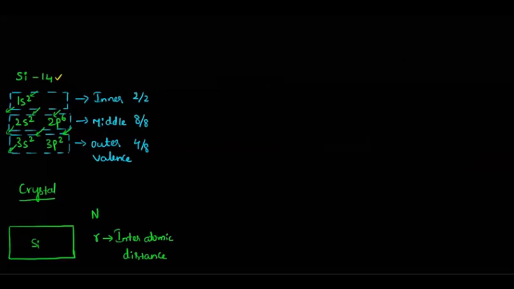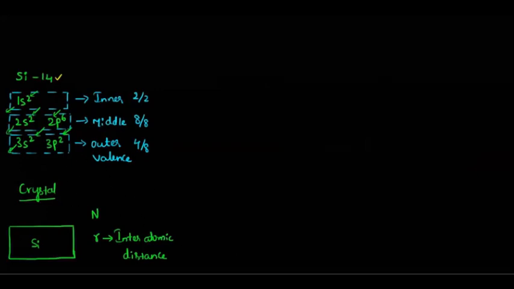Now, when we talk about the outermost orbit, so outermost orbit is 3s and 3p, right? Basically, it's third orbit. So in case of silicon, we have 4 electrons in outermost orbit. So these 4 electrons are responsible for formation of bond.